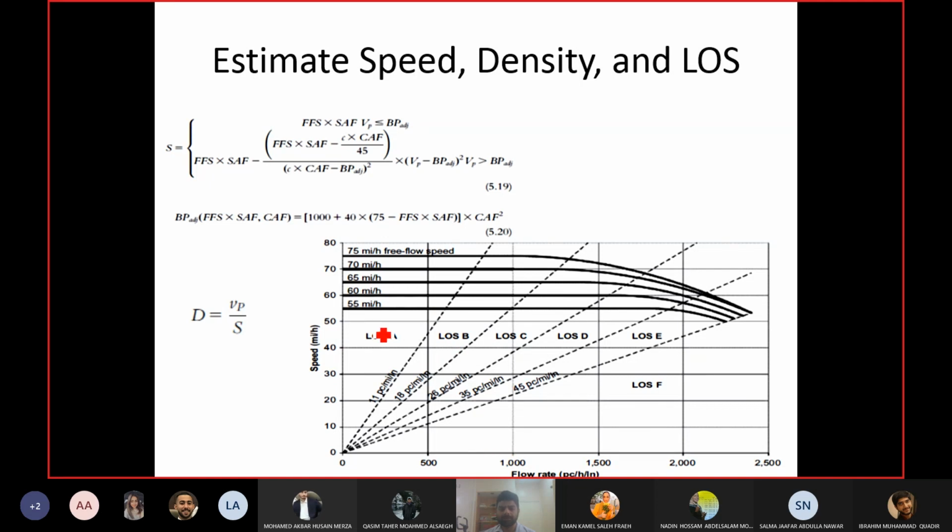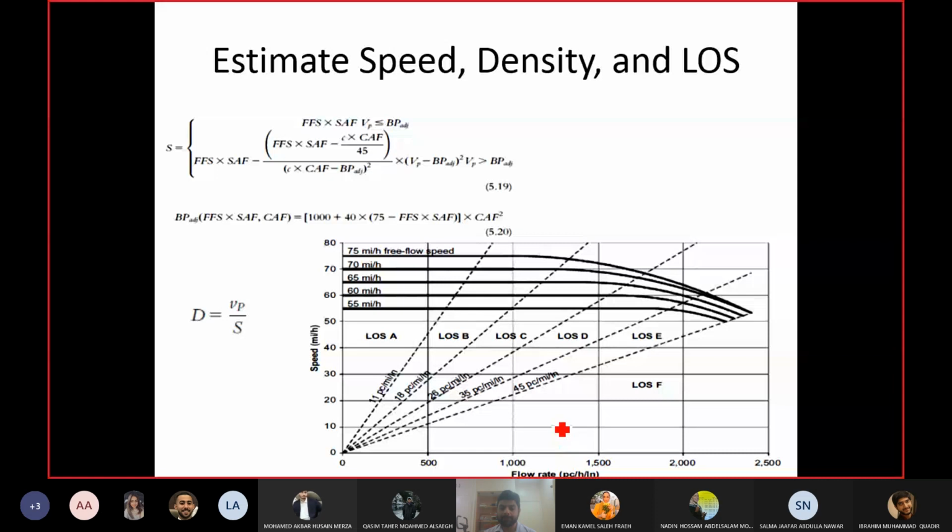If your free flow speed is exactly 55, 60, 65, 70 or 75, then you can use these curves to find out the level of service. How? On the x-axis, you will find the flow rate in passenger cars per hour per lane, so Vp, which we just found.